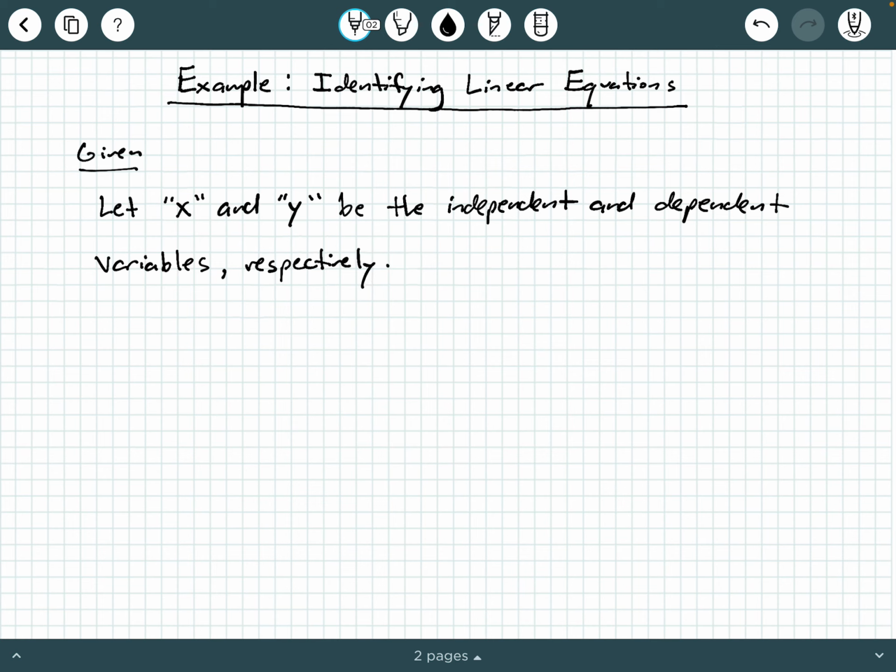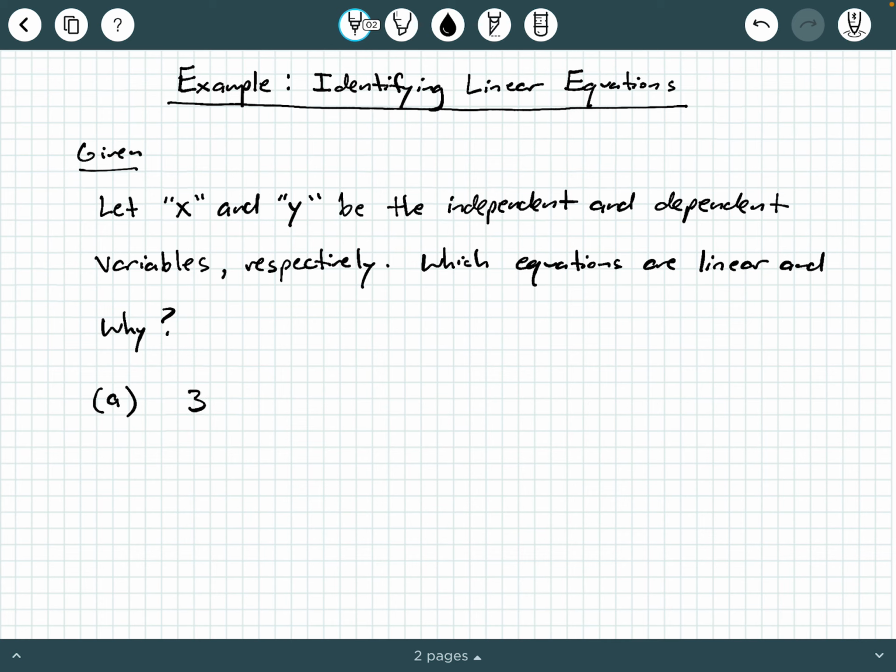Okay. And so again, we're going to be asked for each of these equations I'm about to list, which equations are linear and why.